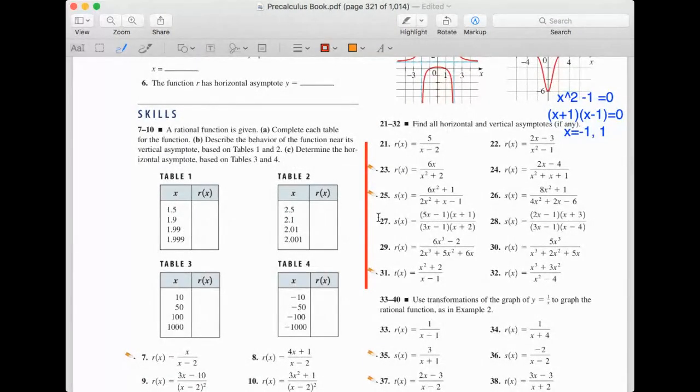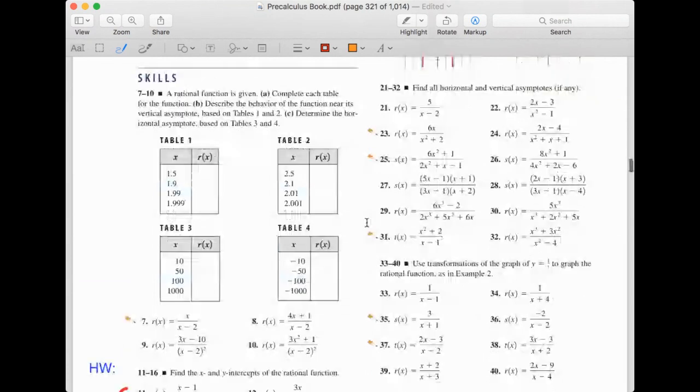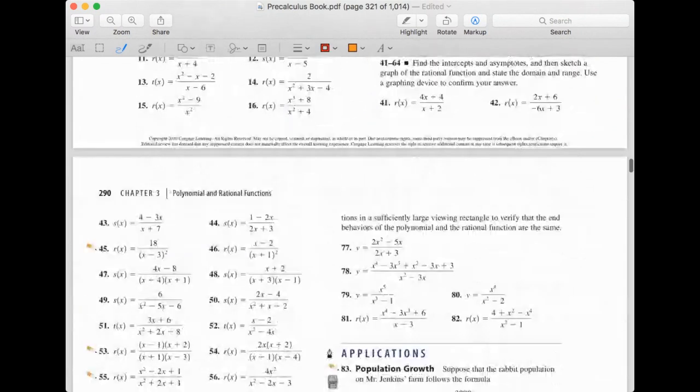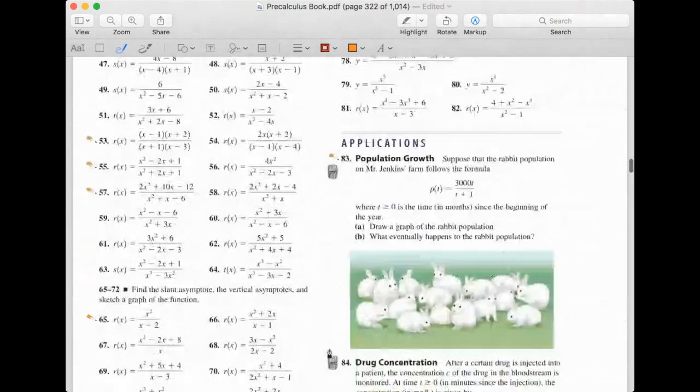Oh, I didn't give you homework for this one already, did I? I see these lines here: find all horizontal and vertical asymptotes. Oh, right, I already gave you homework for this one. I'm not going to give you more. So finish the homework. If you have finished, maybe I'll give you a couple for graphing.